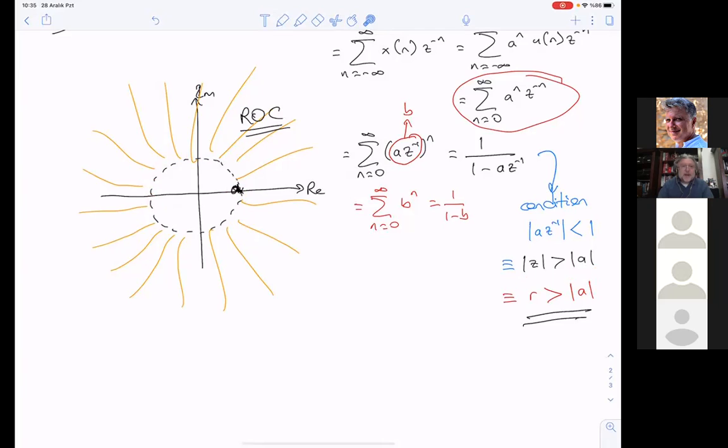There could be a pole at this point, as I indicate with the red dot here, and still the same circle will appear as the boundary of the region of convergence, and outside of it will be the region of convergence.